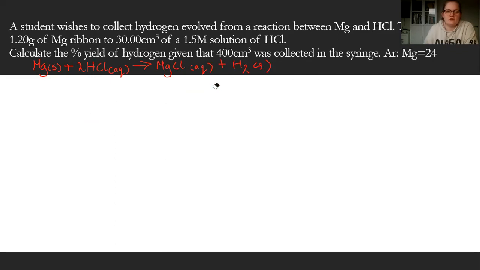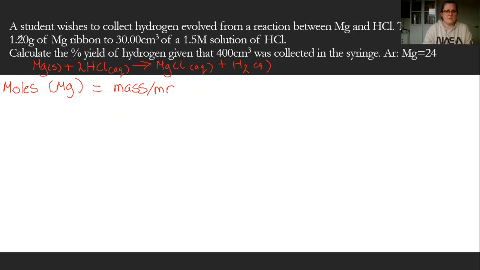The first thing we need to do is work out what the theoretical yield would be. Like I said earlier, if we know our balanced equation, we can calculate our theoretical yield. So first we calculate the moles of all of our reactants, starting with magnesium. Moles, as a reminder, is mass over relative molecular mass.